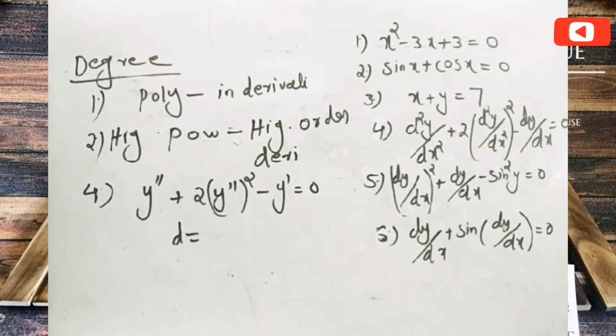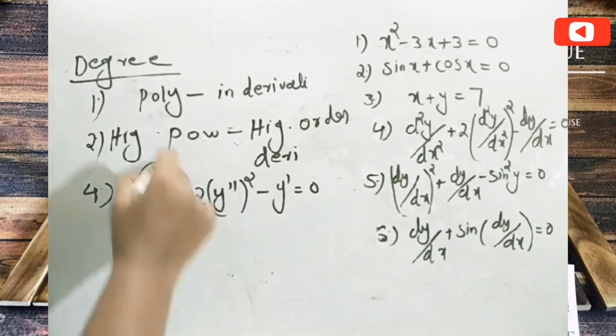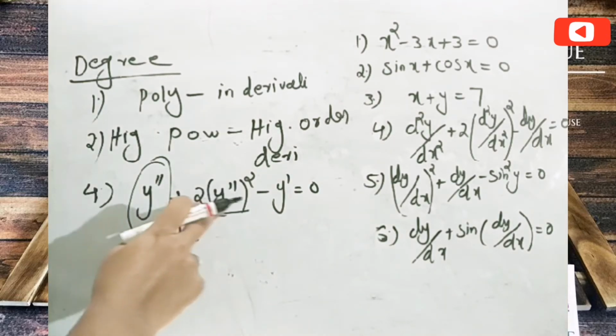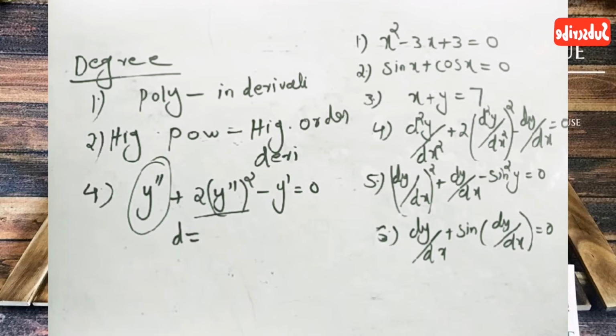Okay, the highest order derivative present in this equation is the second order derivative, and in that second order derivative we have two terms. One is y double dash and the second one is 2 into y double dash all square.